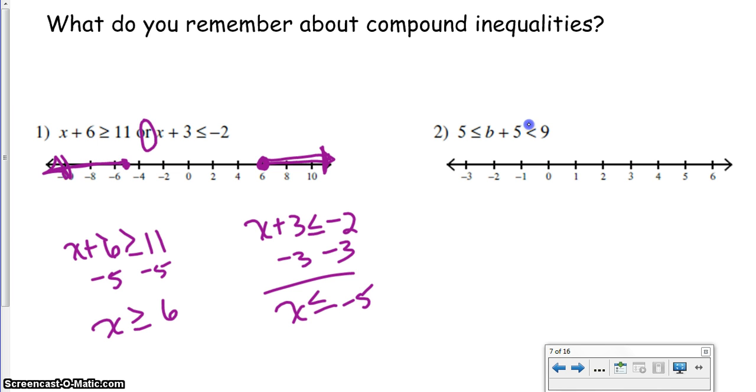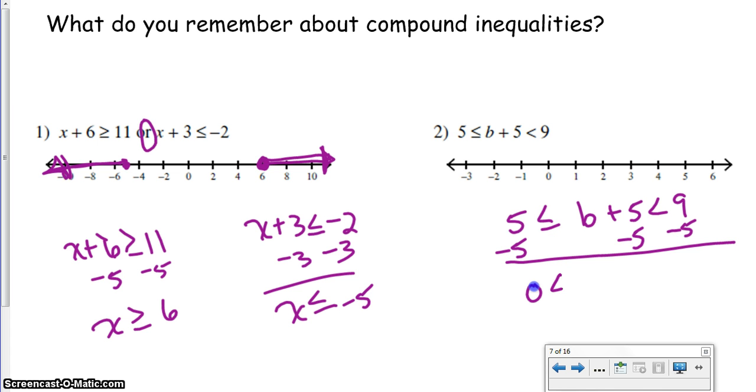This is an and, though. In the case of an and, you have to treat both sides exactly the same. So case in point, b plus 5 is greater than or equal to 5 and less than 9. To isolate the b, you have to subtract 5, which means all parts have to subtract 5.